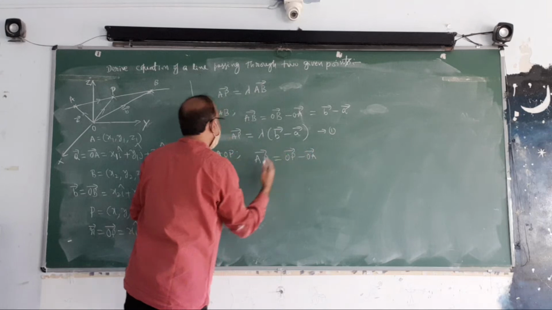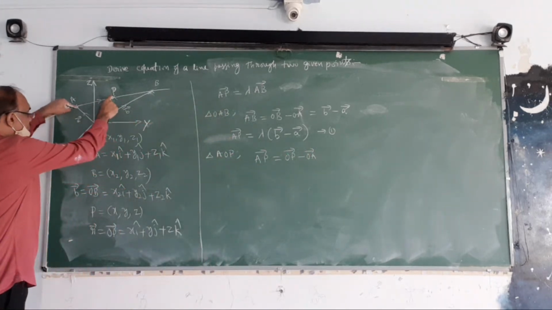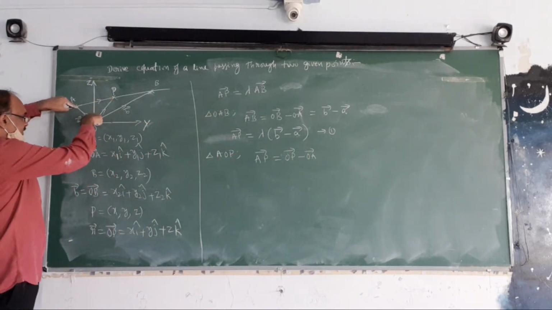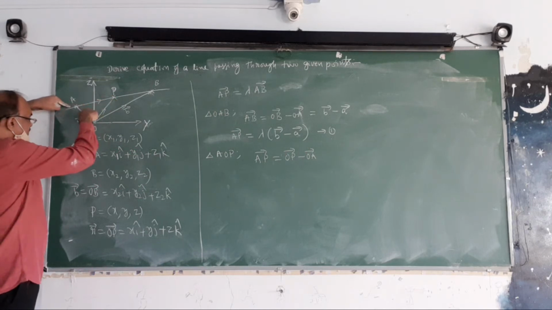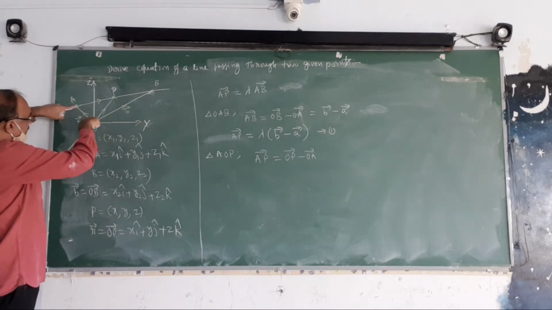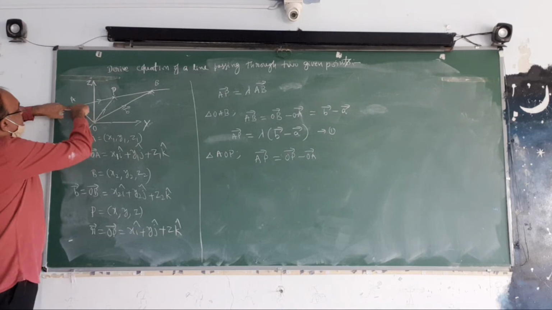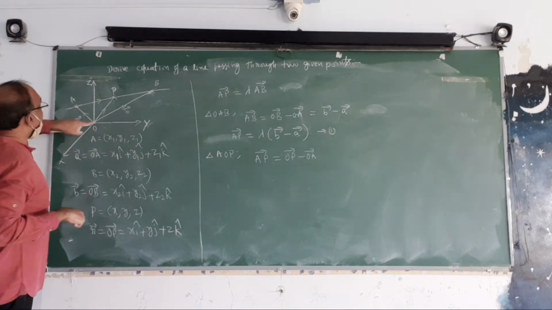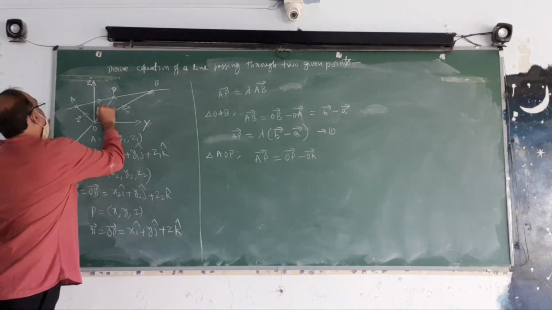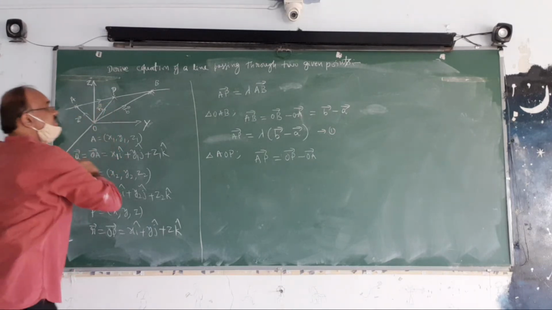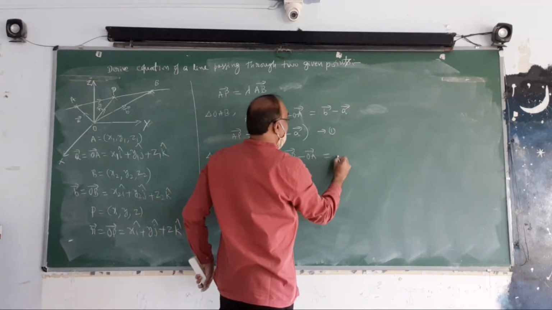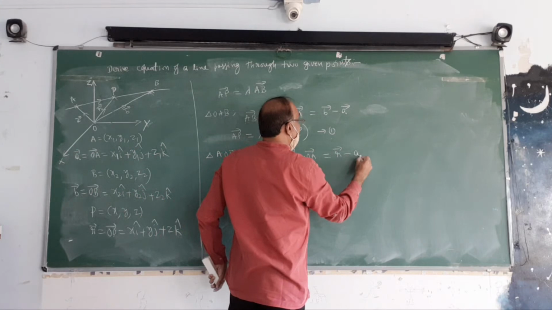I hope they are following this. This and this are in opposite direction. So this is vector R, and AP is nothing but vector R minus A.